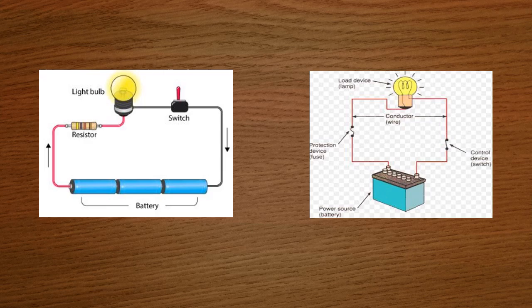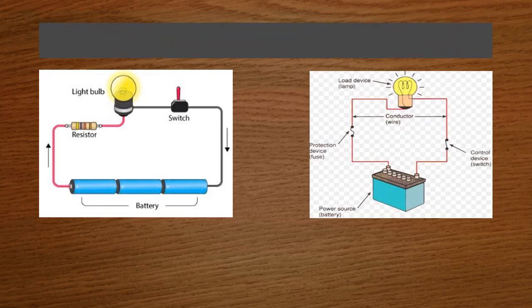A fuse is also one type of resistance, but this resistance is used in the circuits of our home. If the fuse melts, we come to know that there was excessive electricity flow in our circuit, and this fuse has saved us from a short circuit accident. So fuses are very important for our daily life.